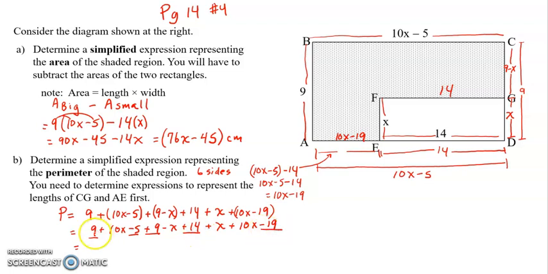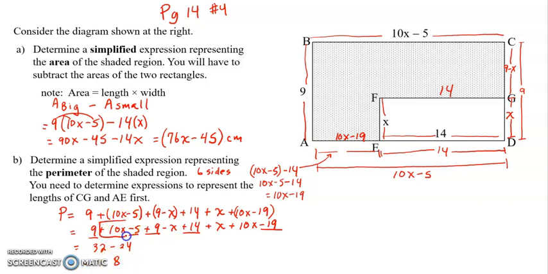So let's add all the positives. 9 plus 9 is 18, plus 14 is equal to 32 for the whole numbers, minus, I got a negative 5 and a negative 19, which is negative 24. So for the whole numbers, that's going to be 8.